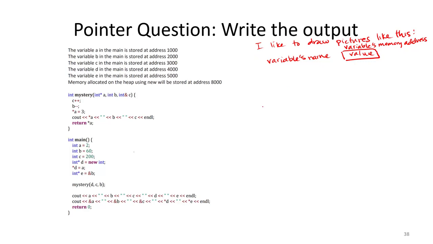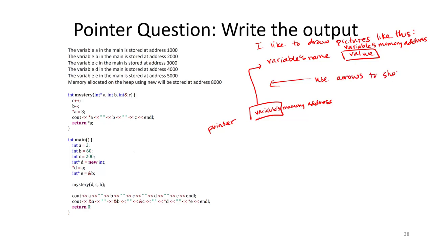And then if I have a pointer pointing at that variable, then I can also have a pointer holding the same variable's memory address, and I can use arrows to show where our pointers point.